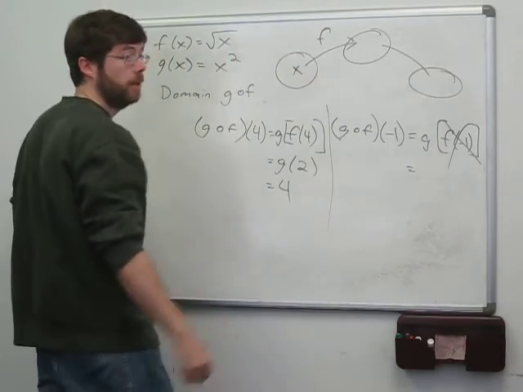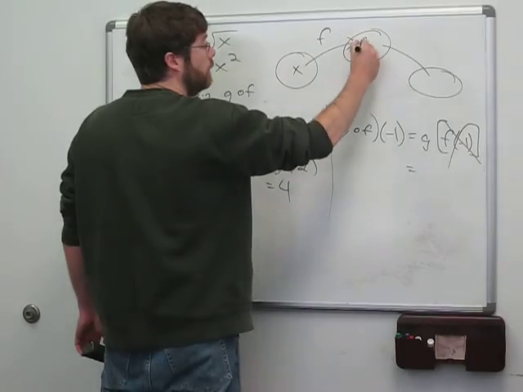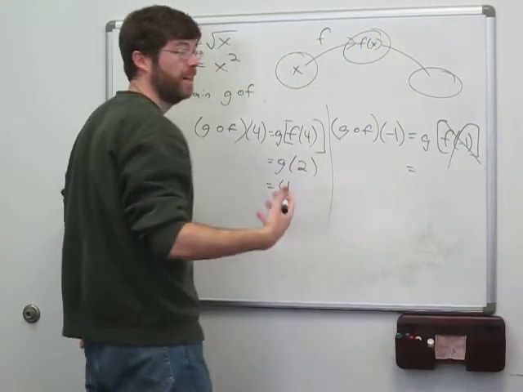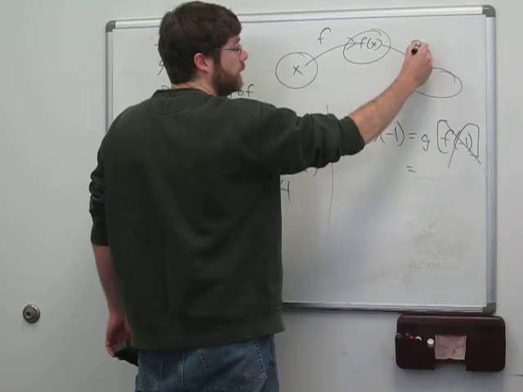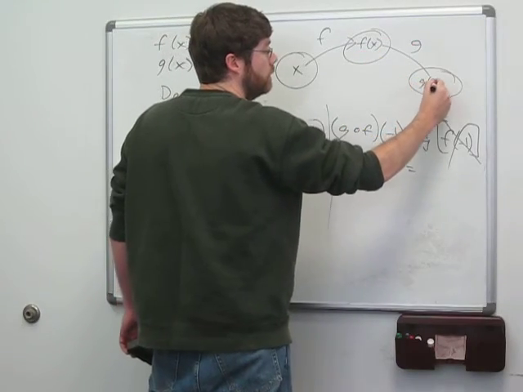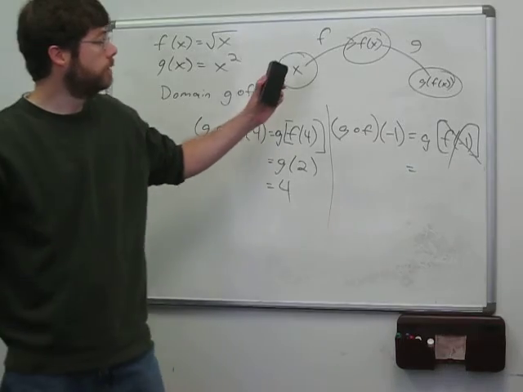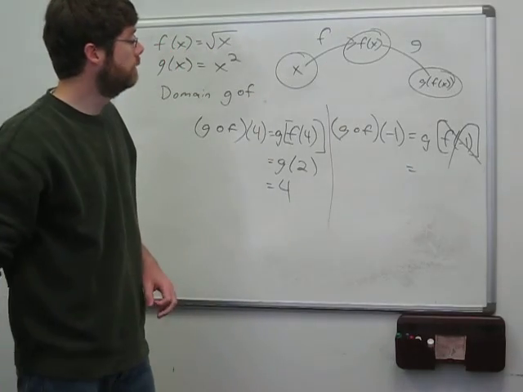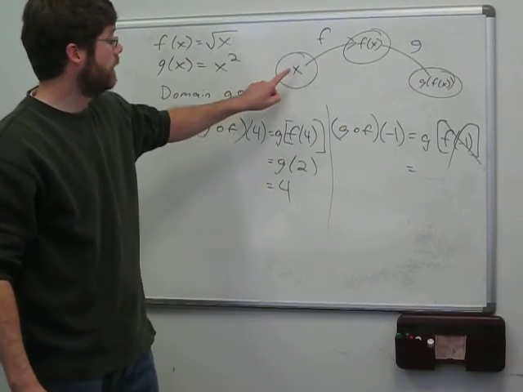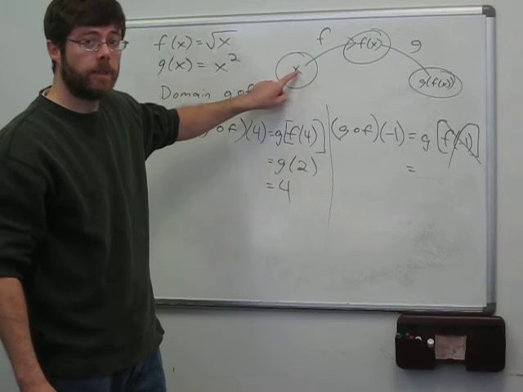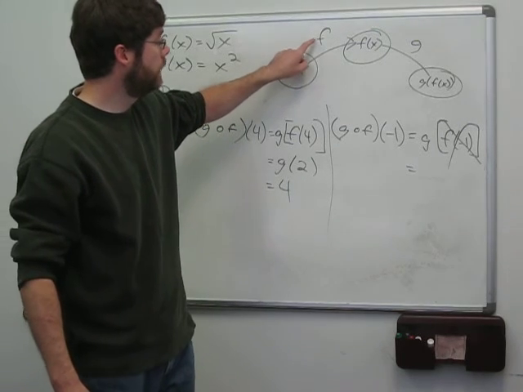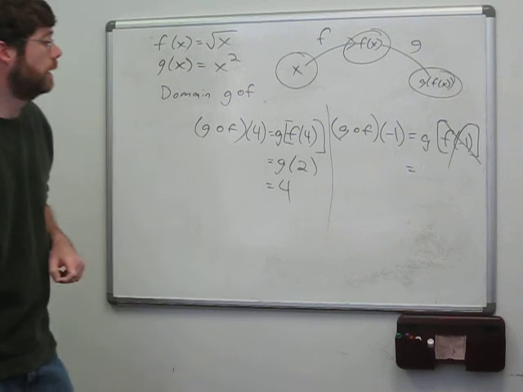We apply some function f to it, and we get a result, and then we apply g to that result. Right? So compositions are a two-stage sort of function. At the very least, the x that we start with must be in the domain of our first function.